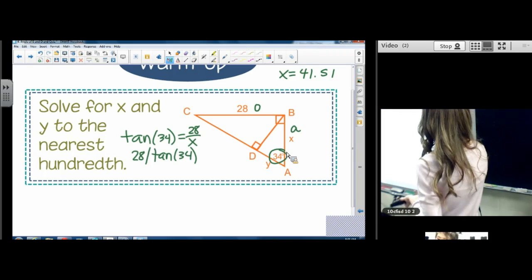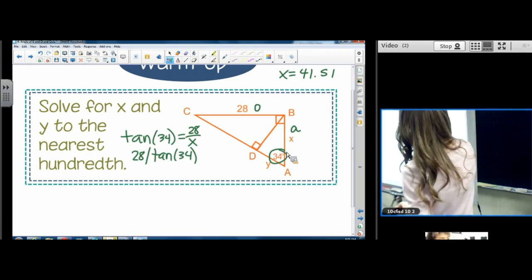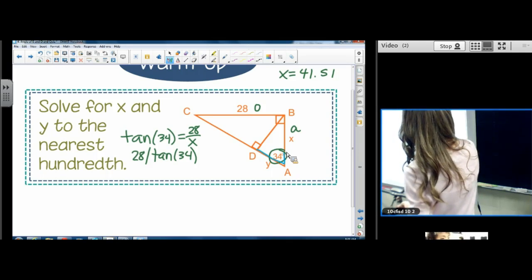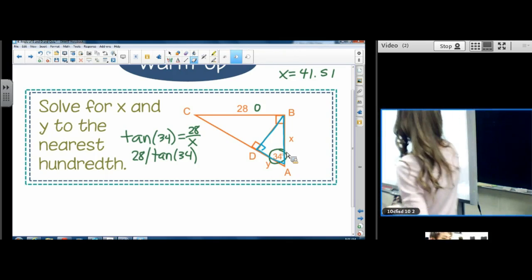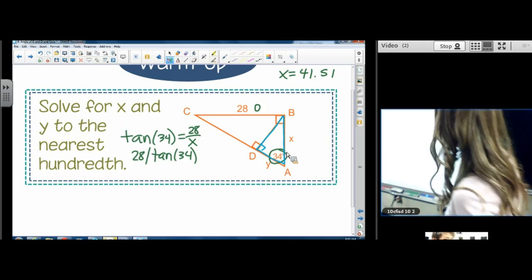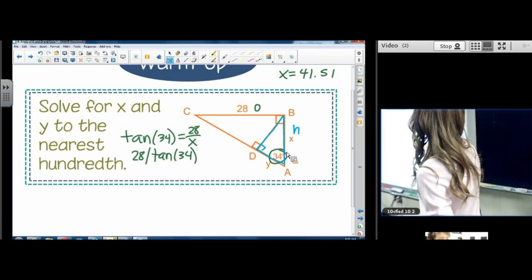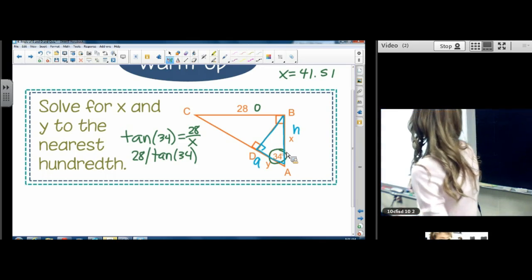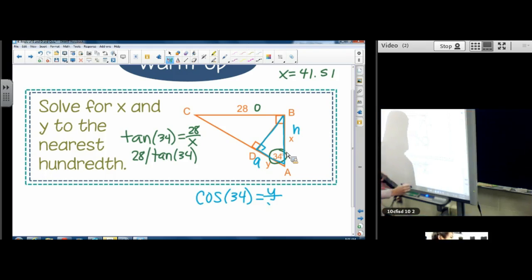Let's see. Now we have adjacent. Now be careful, because when we're finding y, we are not looking at triangle ABC anymore. We're looking at triangle ADB. And so now this is the hypotenuse, and this is adjacent. So to find y, we're going to use cosine. And we have adjacent over hypotenuse.